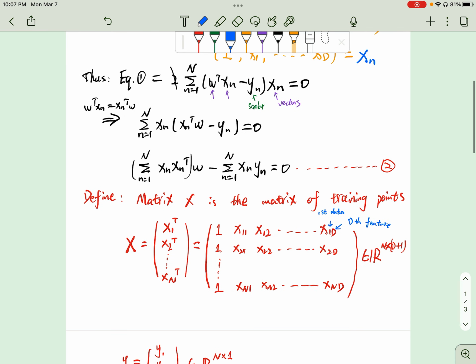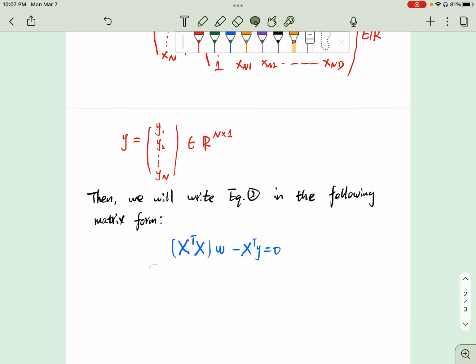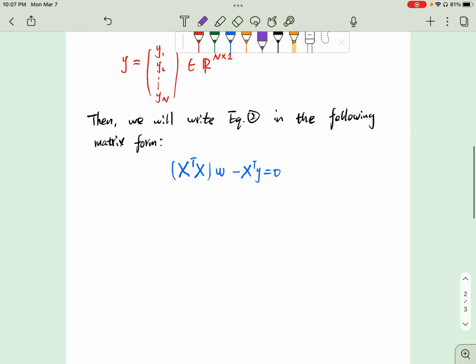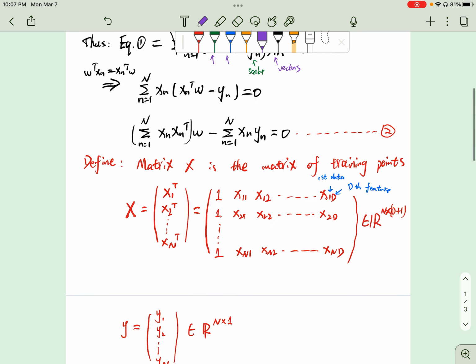So this equation 2 is the same as this equation here. If you don't understand this part, no worries. Now I will prove why this one is the same as this one.